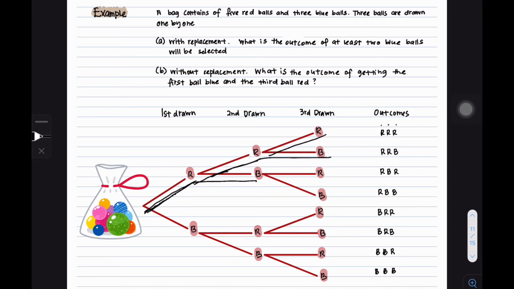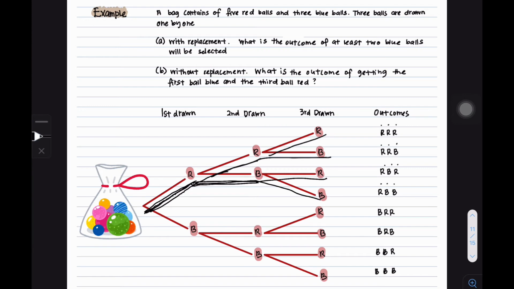So, kita punya outcome, kali pertama merah, kali kedua merah, kali ketiga biru. Okay, and then we move to the next. Okay, kali pertama merah, kali kedua biru, kali ketiga merah. So, pertama merah, kedua biru, ketiga merah. So, kali pertama merah, kali kedua biru, kali ketiga pun biru. So, merah, biru, biru.